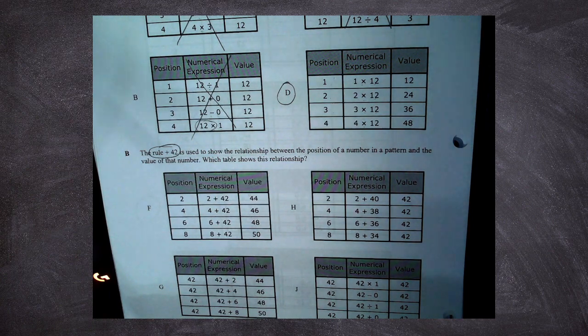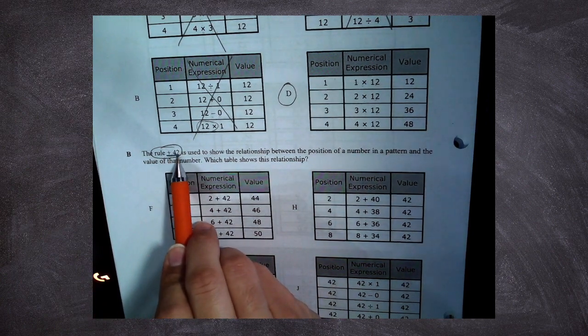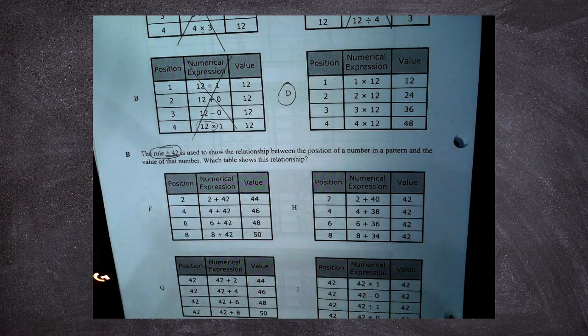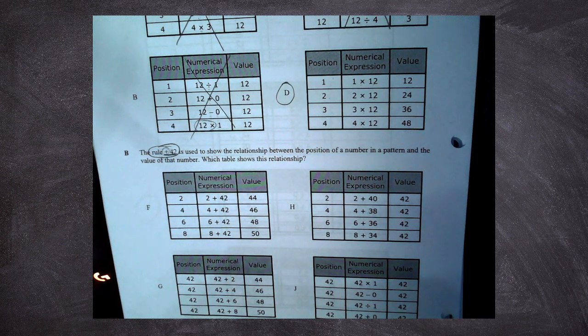Your rule is to use 24 for all of them. Not 24. What does it say? The rule. I mean 42. So we're not just using 42. What operation are we using? Adding. Okay, so plus 42.